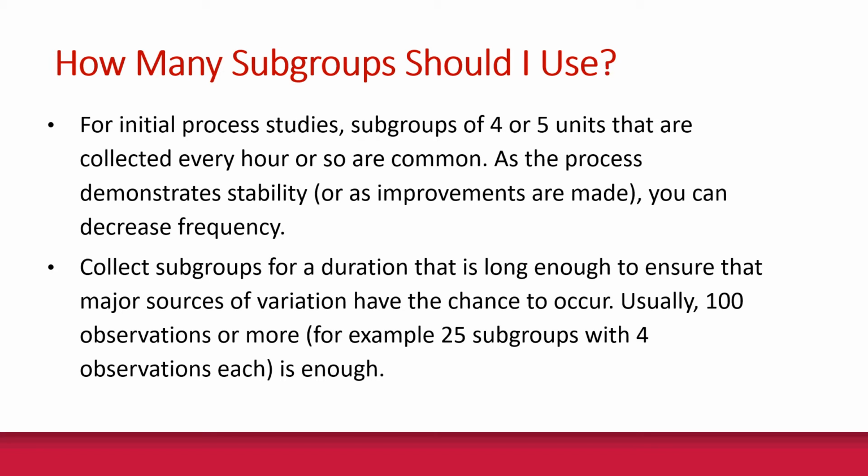So how many subgroups should we use? When you're initially setting up control charts, subgroups of 4 or 5 collected every hour are pretty common. Then as the process demonstrates stability, or as improvements are made, you can maybe decrease the frequency. Maybe you do them every other hour, or every shift you select a sample from the population.